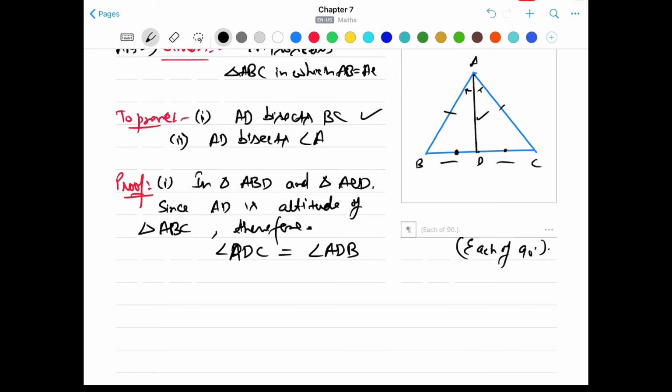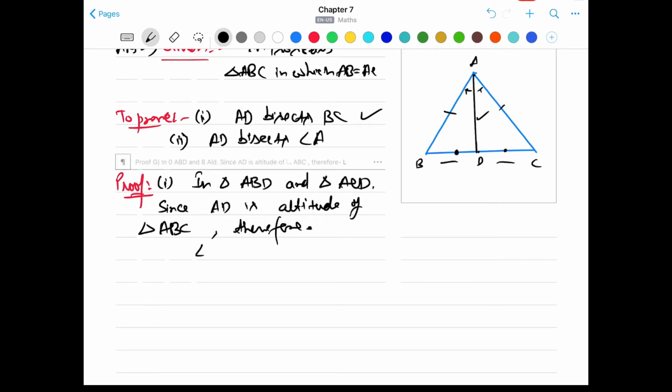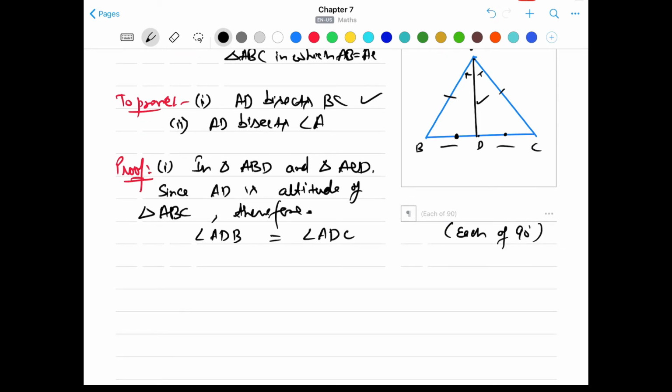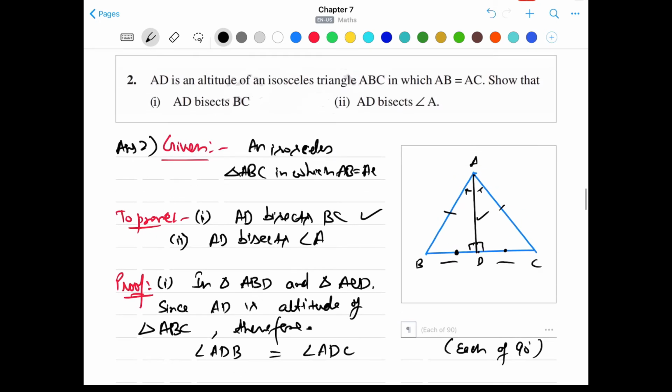Okay, so we got the two angles. Therefore angle ADB will be equal to angle ADC, and each will be 90 degrees.